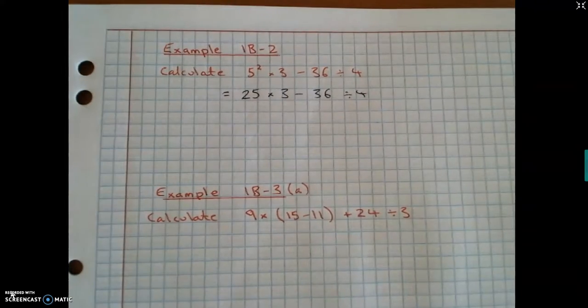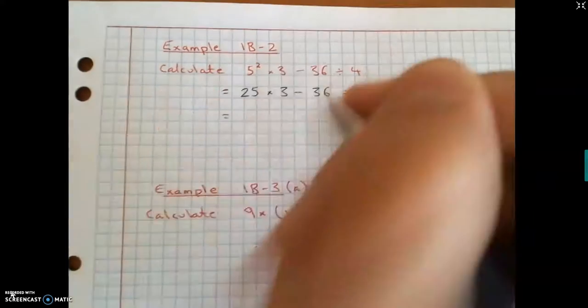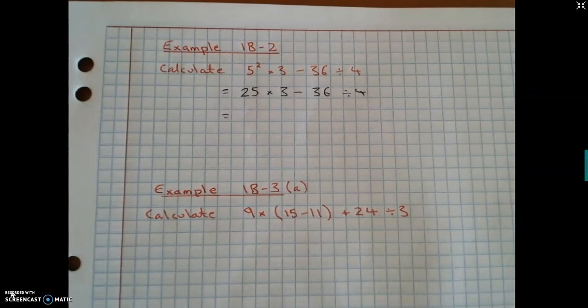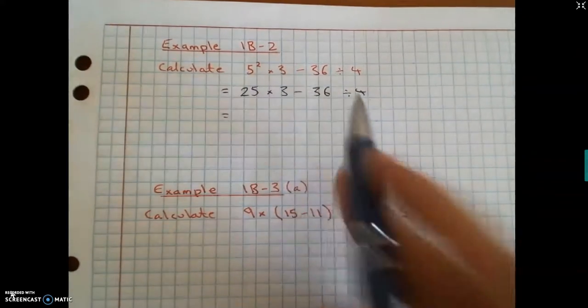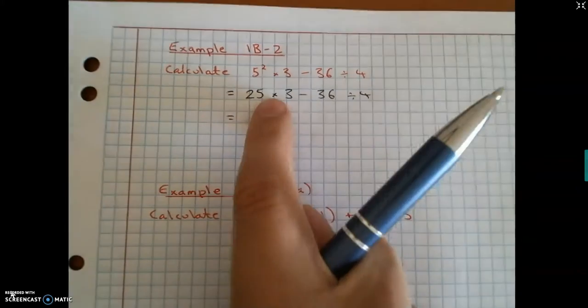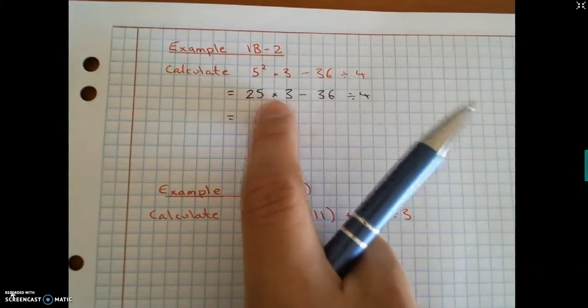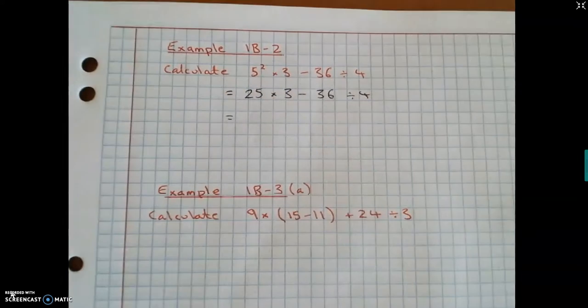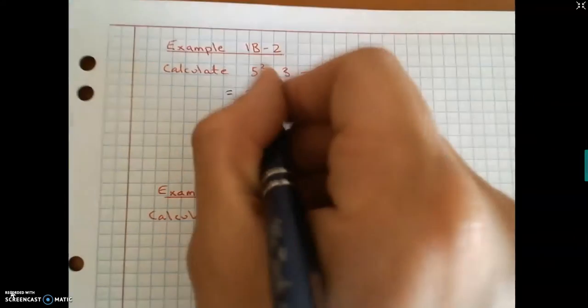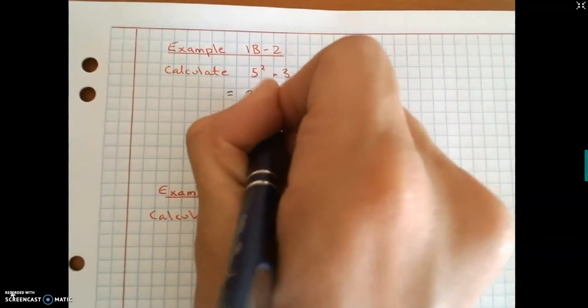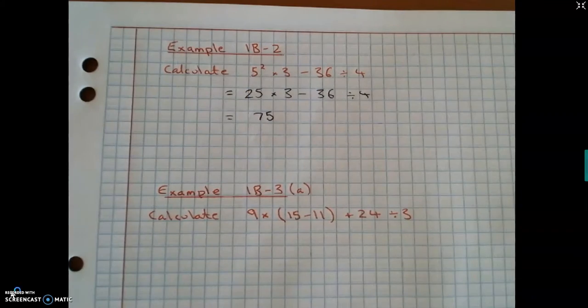Now we move on to our next step, which was any multiplications or divisions. We have one multiplication here, one division here. We have to do this multiplication first because it is to the left of this division. So 25 times 3 is 75, and for now I'll just leave everything else the same.